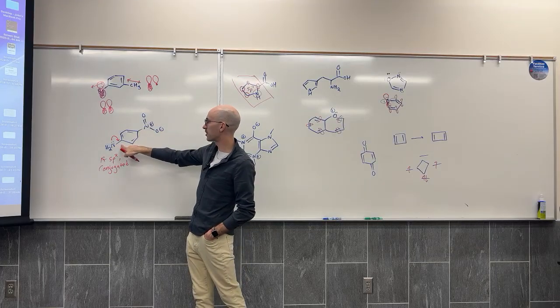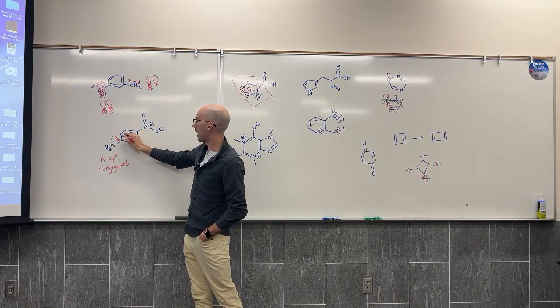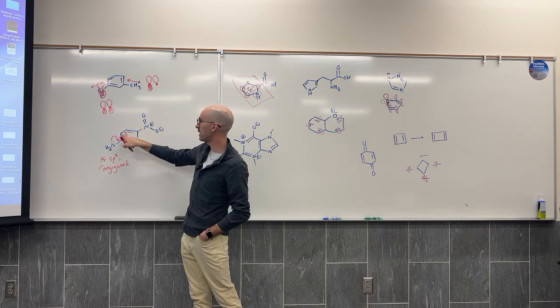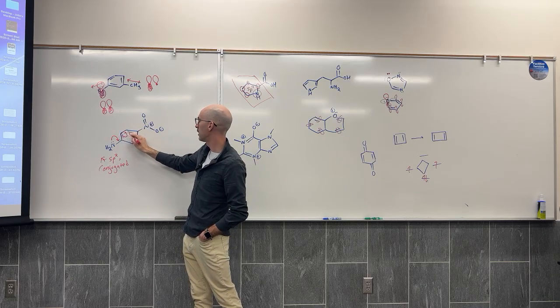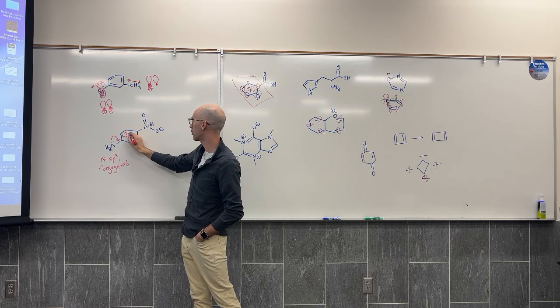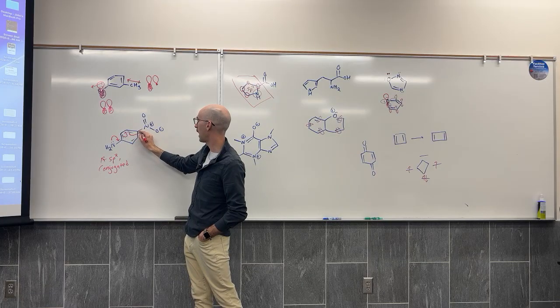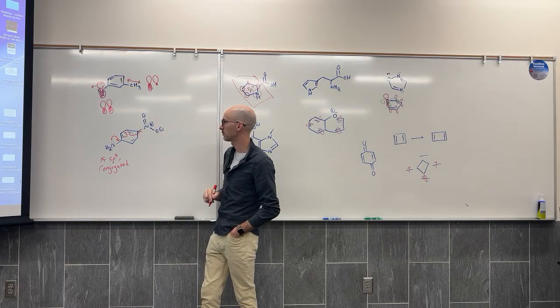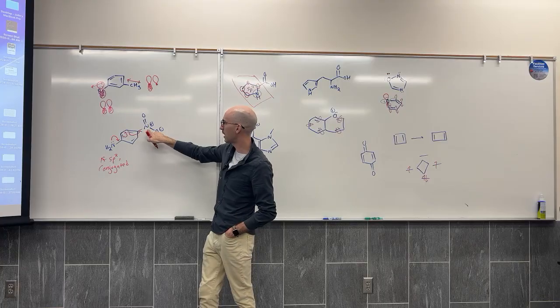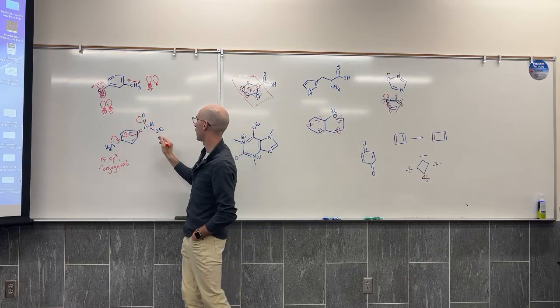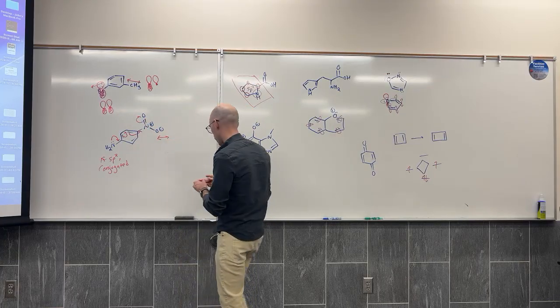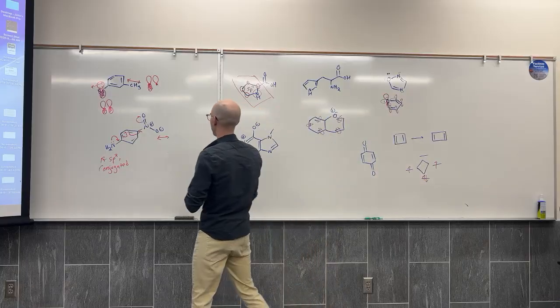So nitrogen pushes electrons in. My aromatic ring will need to shift its pi electrons around. The aromatic ring can actually start shifting pi electrons out of the ring because it's conjugated to this nitro group, and the nitro group can push electrons onto the oxygen.